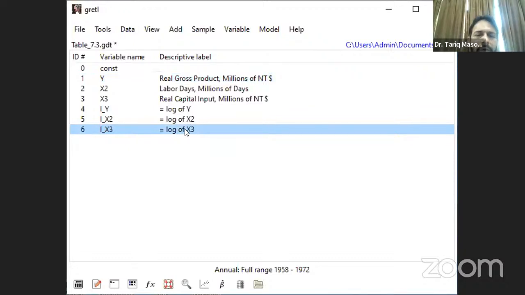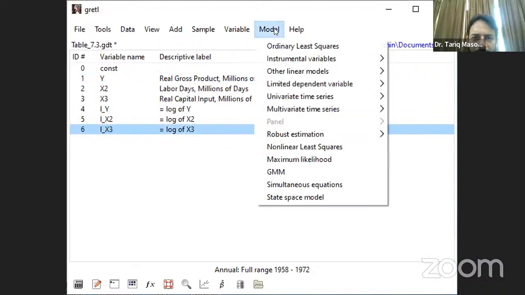Now you have data in a proper form. Now you have variables in proper form, which we can use for regression analysis. We know that y is dependent, x2 and x3 are independent. So go to model, and under model, the first option is OLS, ordinary least squares. We are going to use the OLS method.